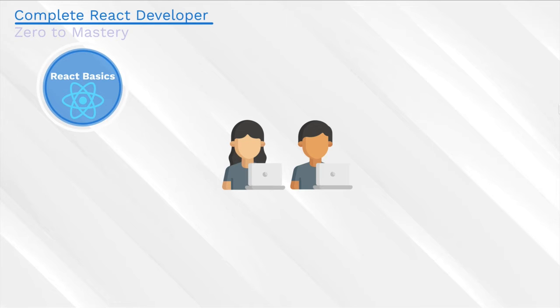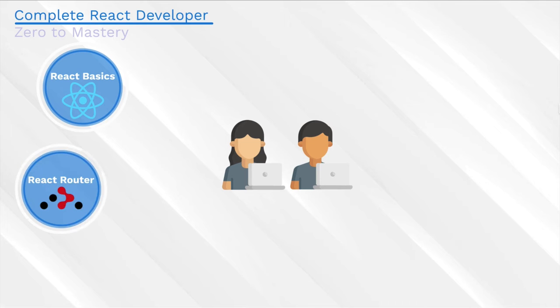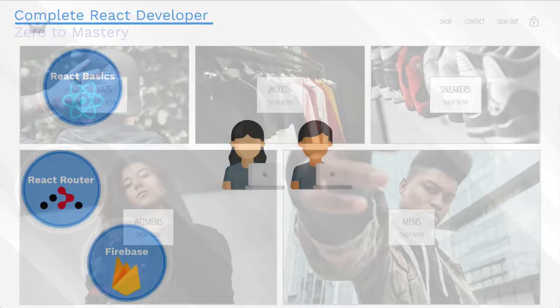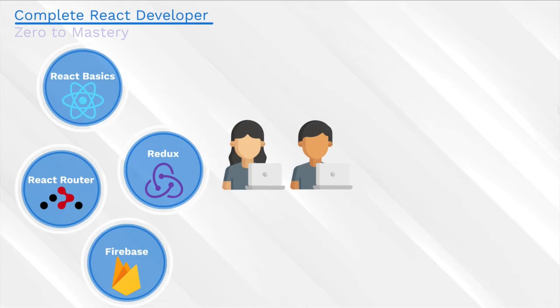But this is the fun part. Using the basics that we've learned in this section, we're going to right away start building our large e-commerce app. We're going to introduce topics like React Router and Firebase to have different pages on our app and also do user sign-ins. We're also going to start adding Redux into our application so that it's ready to scale.